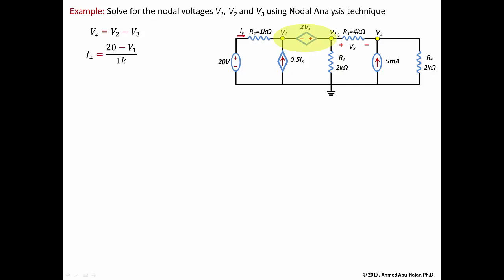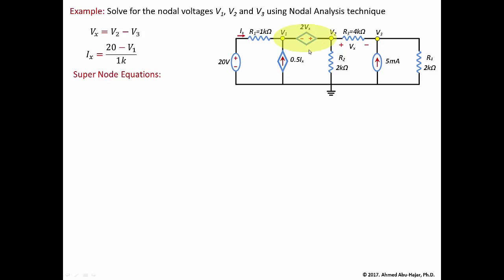We combine the two nodes as one closed surface, where the sum of the currents leaving this closed surface is 0. We use the supernode equations to express the KCL and the KVL for the supernode. The supernode has two equations.